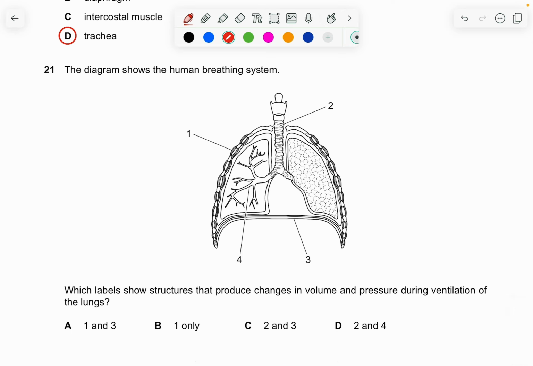Which label shows structures that produce changes in volume and pressure during ventilation of the lungs? The answer is 1 and 3. 1 is the external intercostal muscle, and number 3 is the diaphragm.